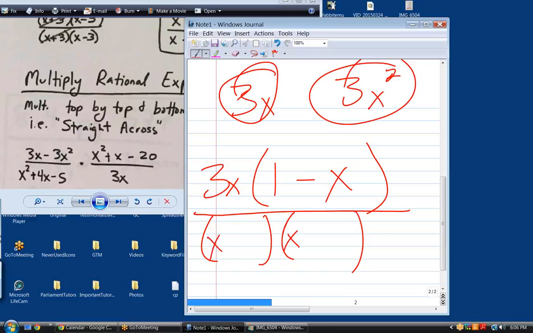So it would be x plus... 4. No, minus 4. Before you figure out the final answer, do step 2. What do the signs have to be? They're opposite. All right, that's step 2. Now, what's step 3?